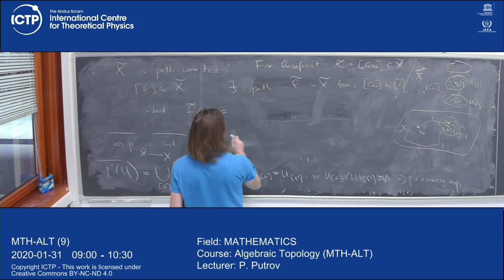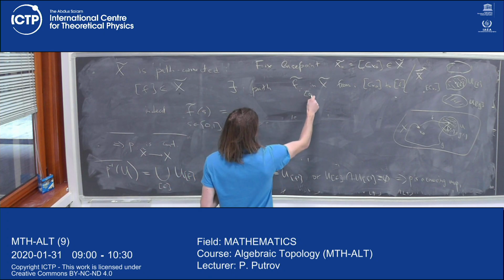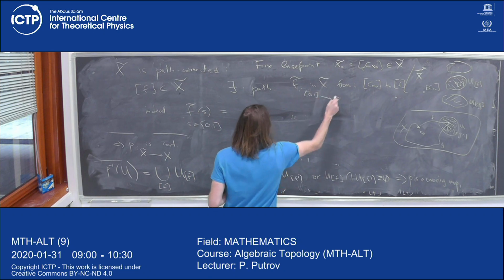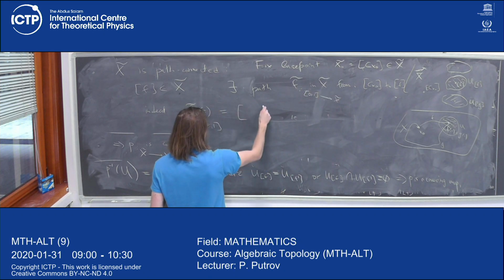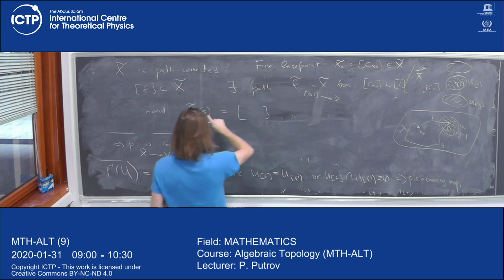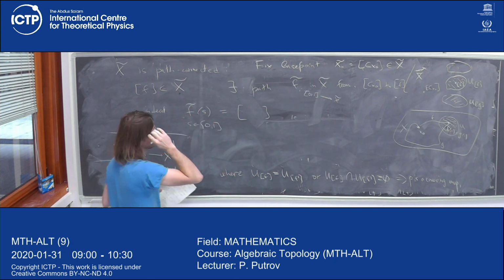Because again, I can understand this is a map. So the points here in X tilde, for a fixed value of s, will be some point in X tilde.